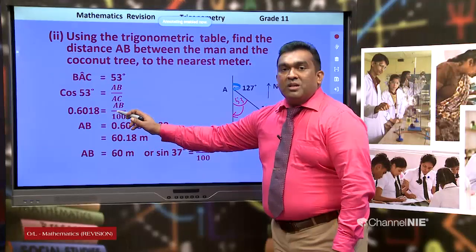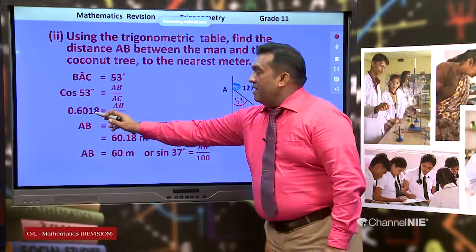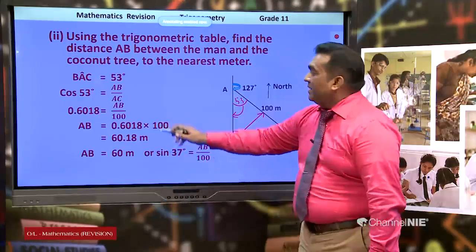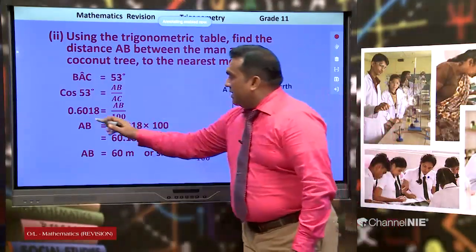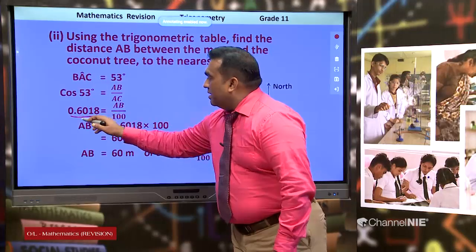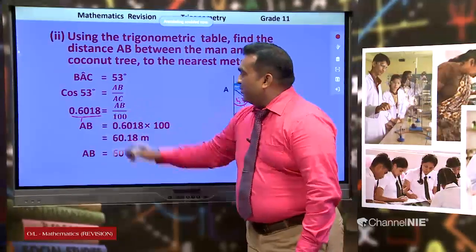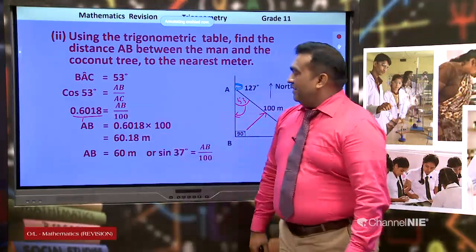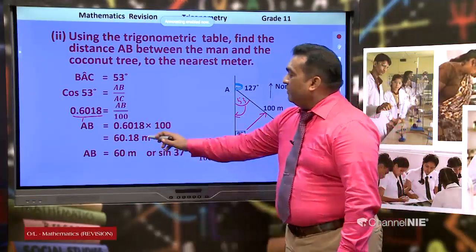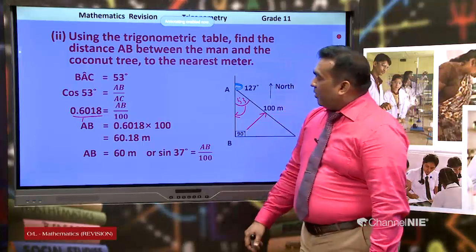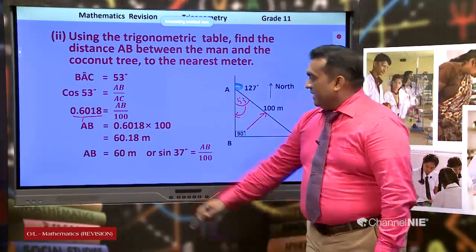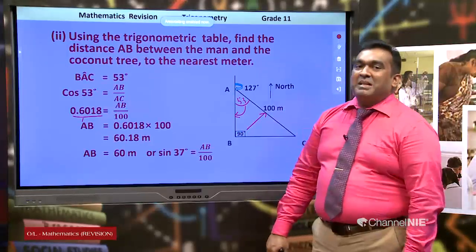Using your natural cosine table, 0.6018 equals AB over 100. By cross multiplication, AB is 100 multiplied by this value. After simplifying, you have 60.18 meters. Right? AB equals 60 meters.